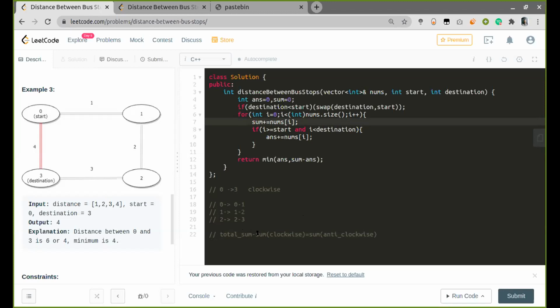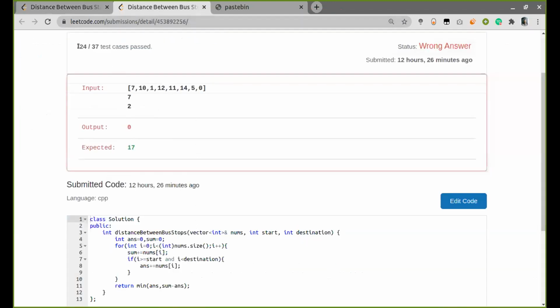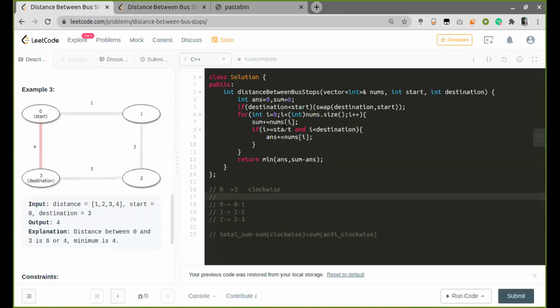And why are you doing that initial swap between start and destination? So in some of the cases, like in test case 24, the start value is greater than the destination. So this might not work if I use the same code without swapping it.